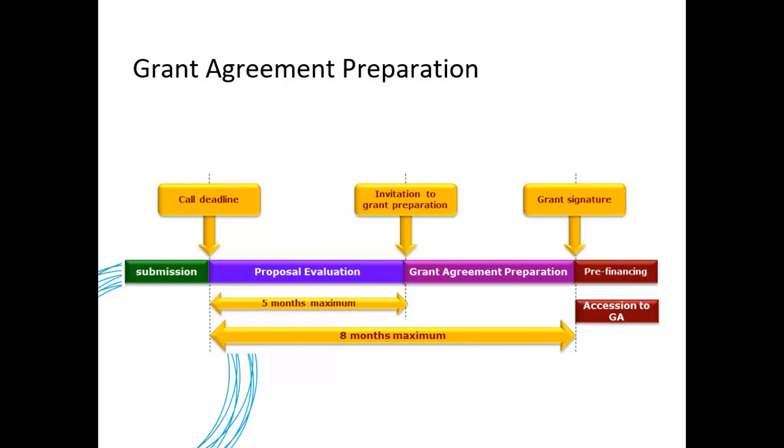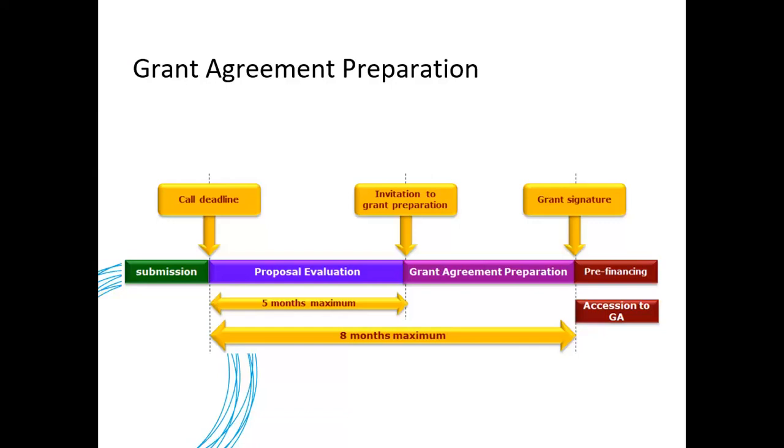So if, for example, you are an SME, you will be required to submit legal documents which have established your company. And just to give you the heads up, this procedure is only required to be done once. And once your PIC number is verified, you will not be required to do this again for future projects.